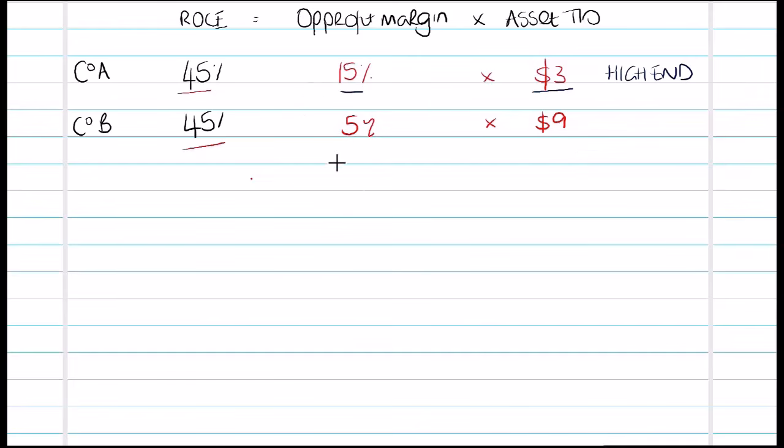On the other end, company B is much more of a mass market retailer, maybe in a retail park, something like that, where assets, properties are cheaper. It can generate much more revenue for its assets, but it does charge those lower prices and so has lower margins. So two very different strategies, exactly the same outcome. So just be aware of that if you are comparing different entities.